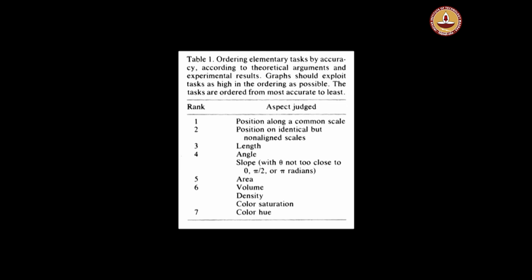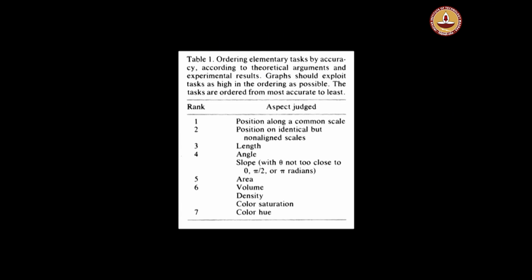If you want to communicate the most important insight, use position along a common scale, because that's the best way; you can do discrimination, ordering, and ratioing much more easily. Position on identical but non-aligned scales is second, length is third, angles are fourth, then slopes.